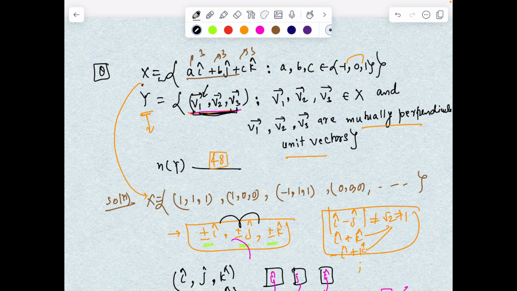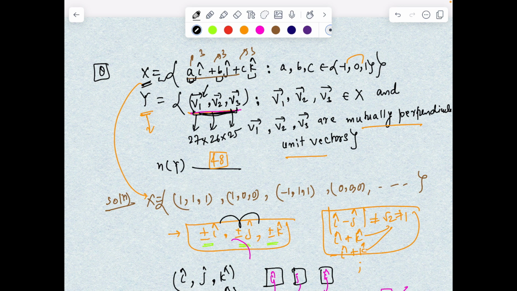Since there are 27 vectors in X, because a has 3 choices, b has 3 choices, c has 3 choices, b1 will have 27 choices, b2 has 26 choices, and b3 has 25 choices.